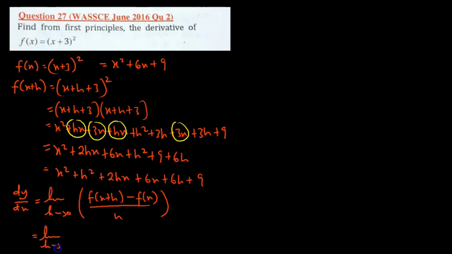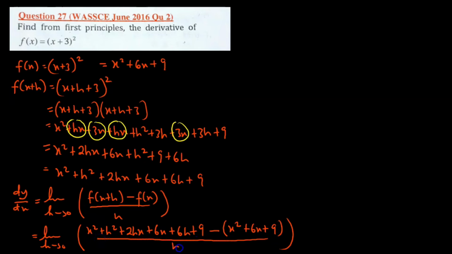So limit as h approaches 0 for f of x plus h has been seen to be x squared plus h squared plus 2xh plus 6x plus 6h plus 9, then minus f of x, and f of x is x squared plus 6x plus 9. Then all this must be divided by h.